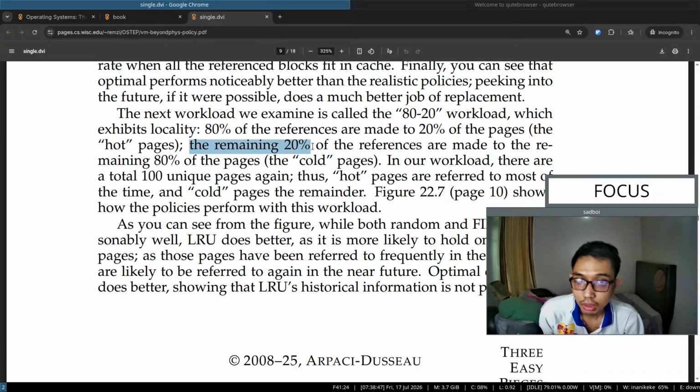The remaining 20% of the references are made to the remaining 80% of the pages, the cold pages, or maybe the inactive pages.